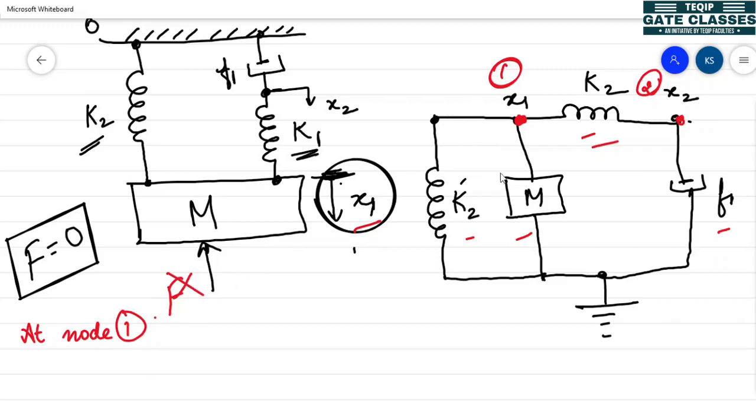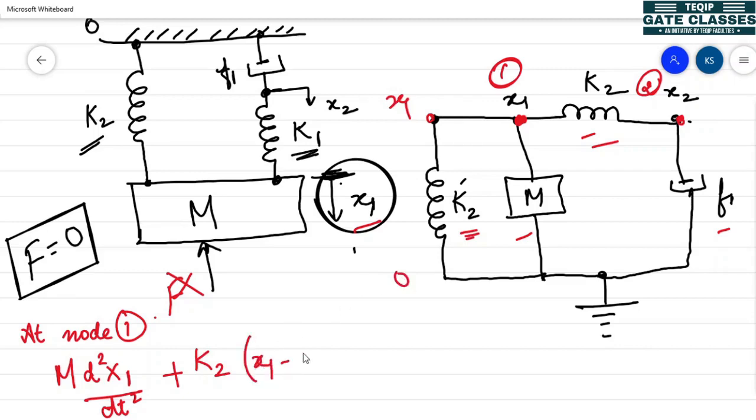So what we can write is, because of mass block M, the force due to the mass block is M d2x1 by dt2, because it is connected between x1 and 0, plus due to the spring K2, between x1 and 0, we write x1 minus 0, plus there is another element which is connected. So this is K1, connected between x1 and x2.